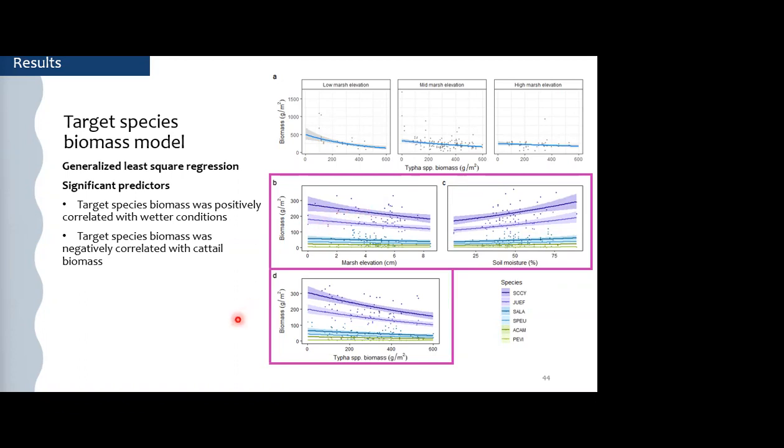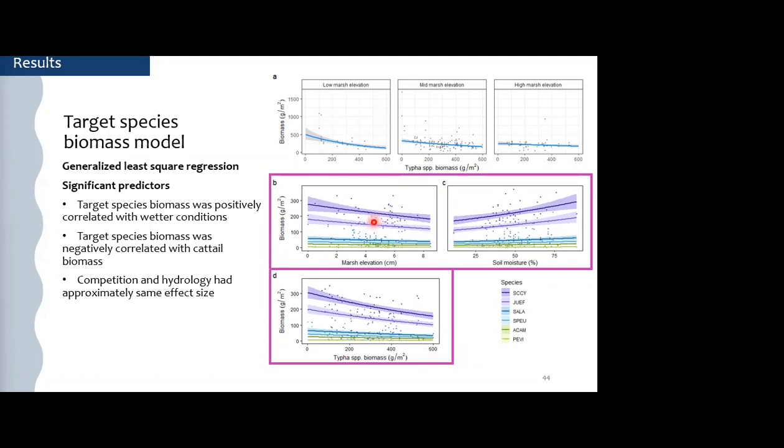And I found that target species biomass was negatively correlated with cattail biomass. So as cattail biomass increases, the target species biomass decreased. And that is a rough representation of competition between the cattails and the target species.